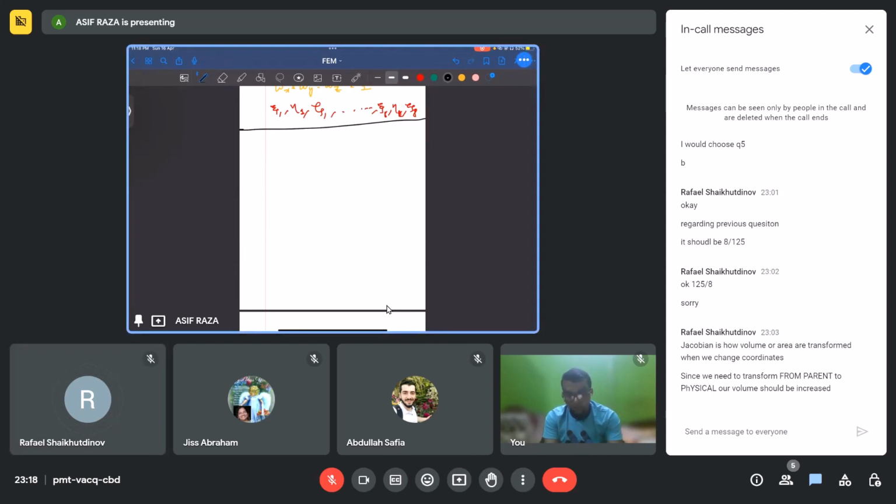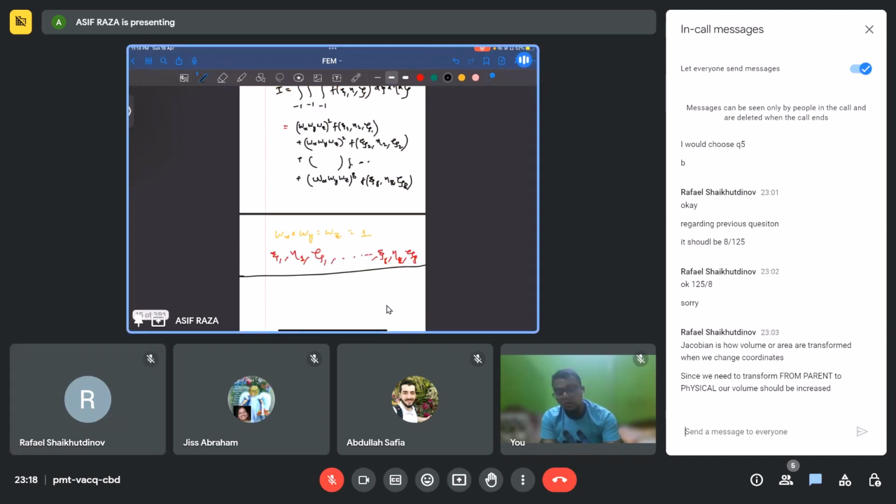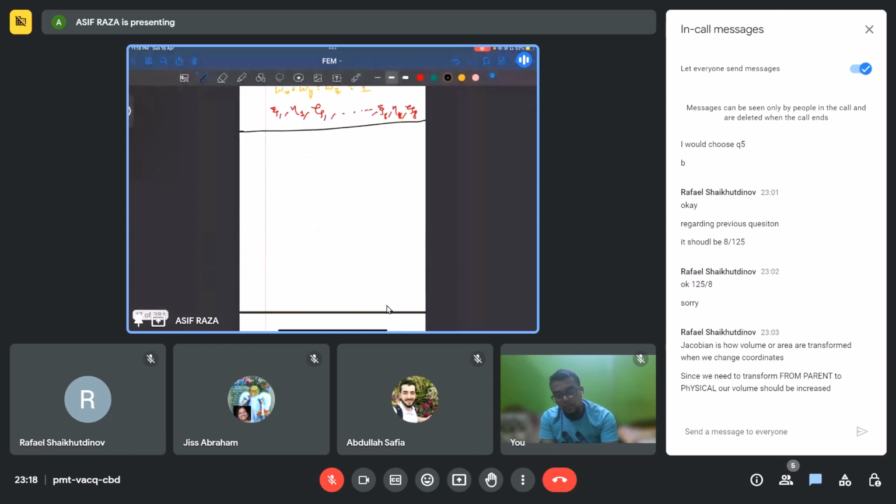But what I was trying to say now, if it had been just in two coordinate systems, d xi and d eta, let's see only the xi eta coordinate system, and we have a 2 by 1 quadrature rule.